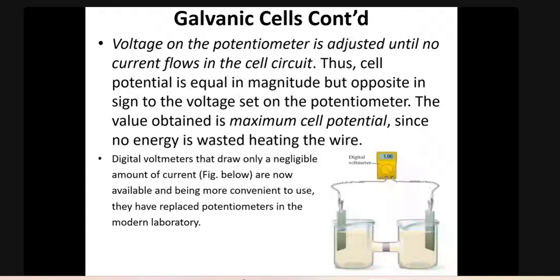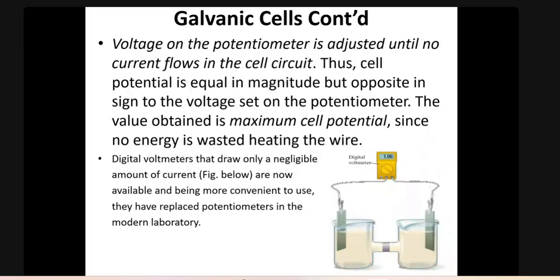So the potential difference between the 2 electrodes is measured by using a potentiometer or a voltmeter, and the units are in joules, or in volts, sorry, in volts.